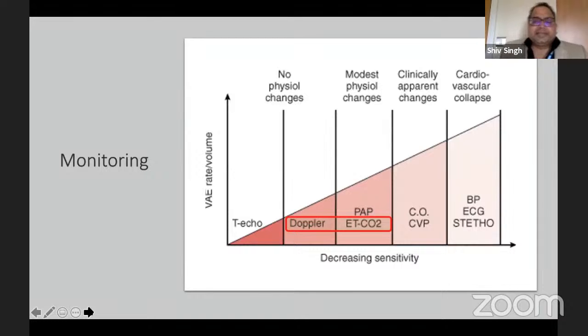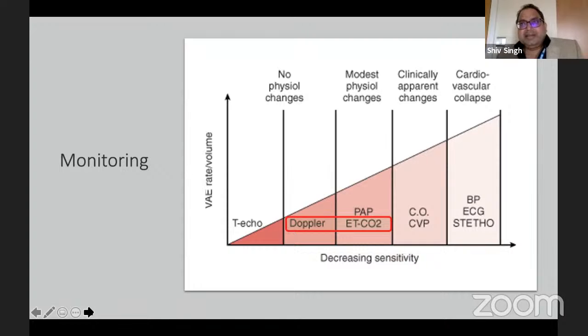If you look at this graph, on the x-axis we have the sensitivity, decreasing sensitivity, not increasing, decreasing sensitivity. And on the y-axis, we have the venous air embolism rate or volume. We can see that transthoracic echo or transesophageal echo are actually very, very sensitive.